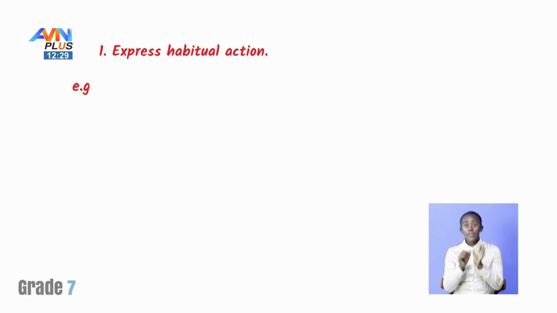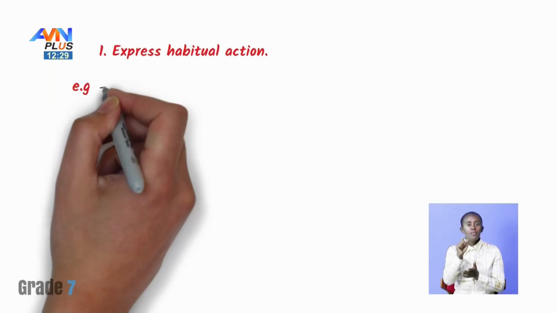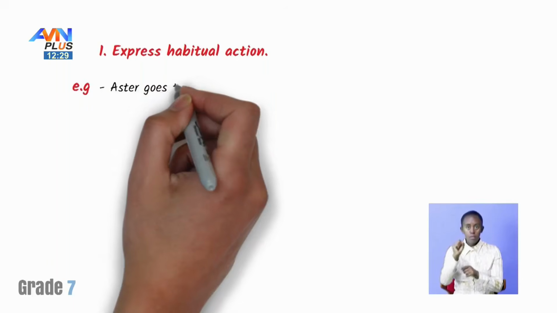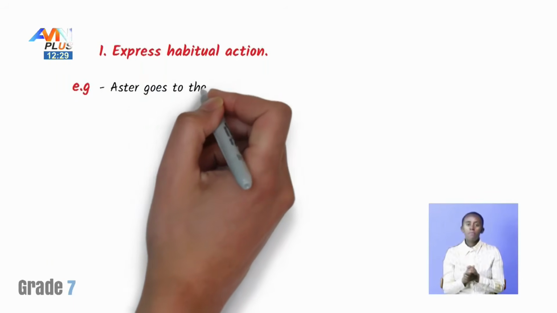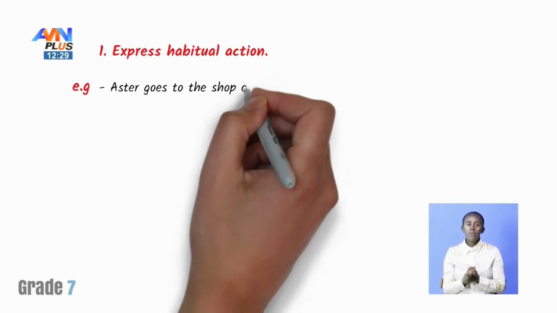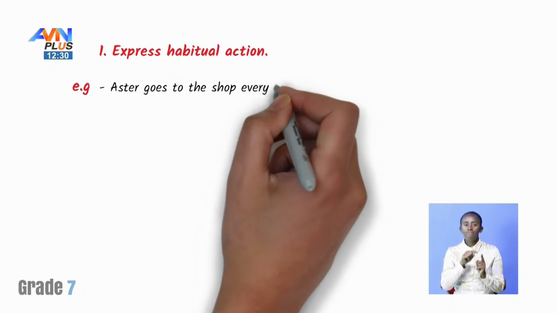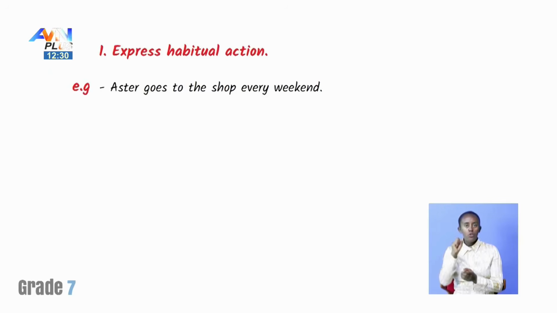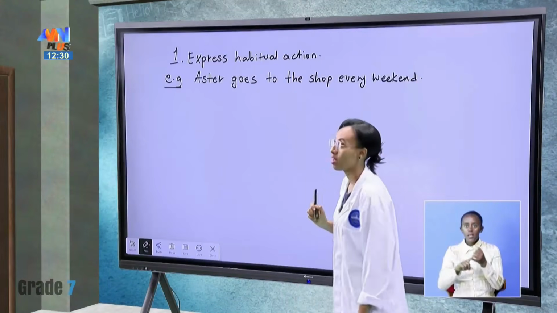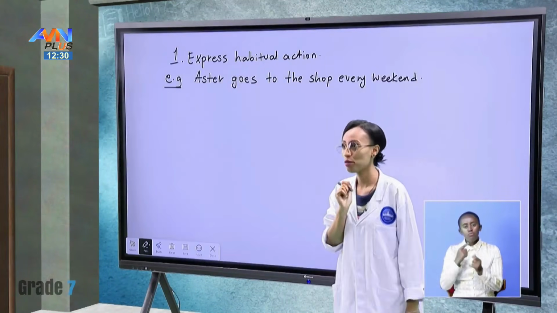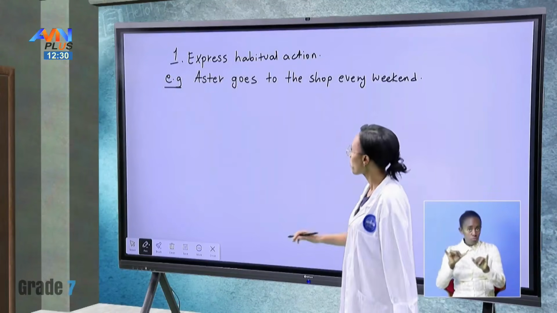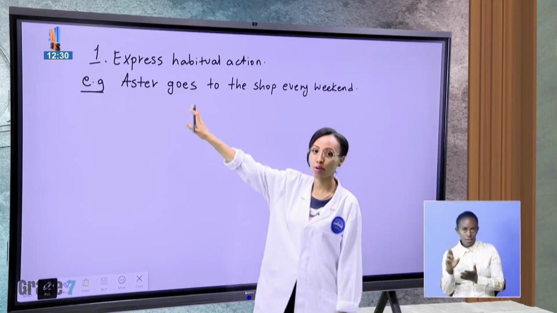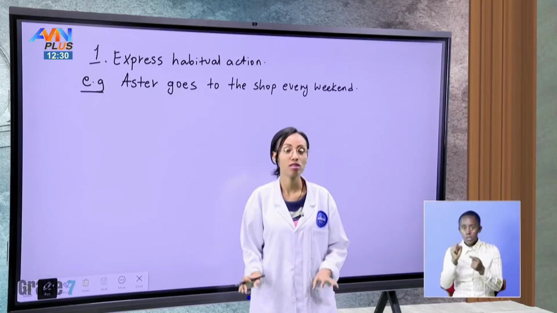For example, Aster goes to the shop every weekend. Don't forget, we have our subject, Aster, and then we have our verb in its simple present form.